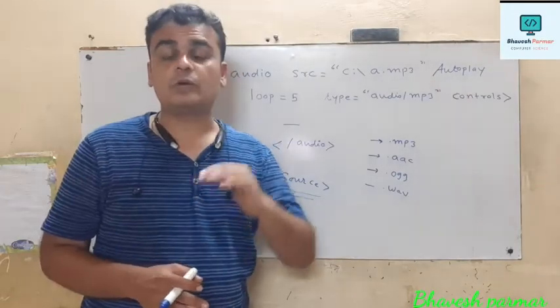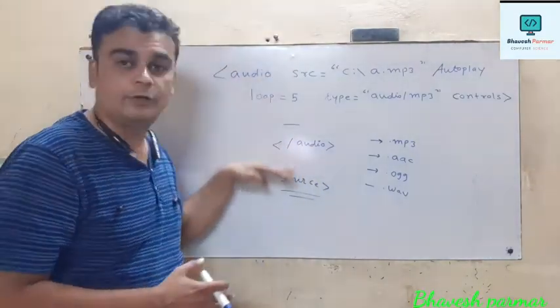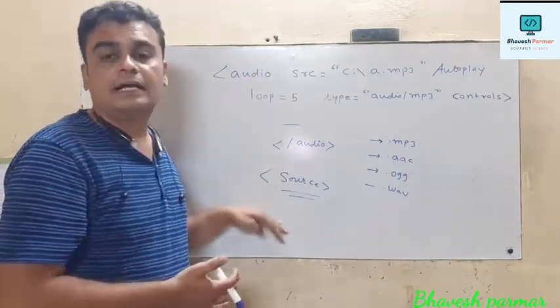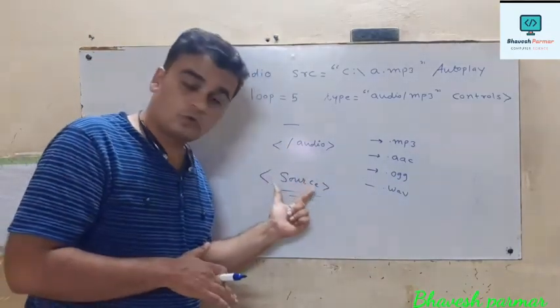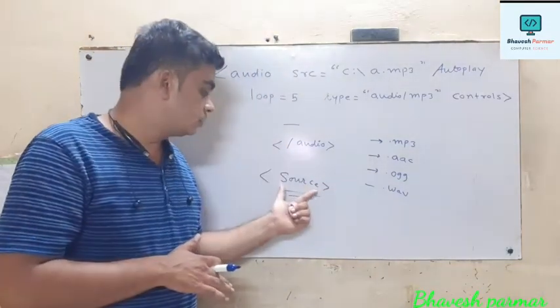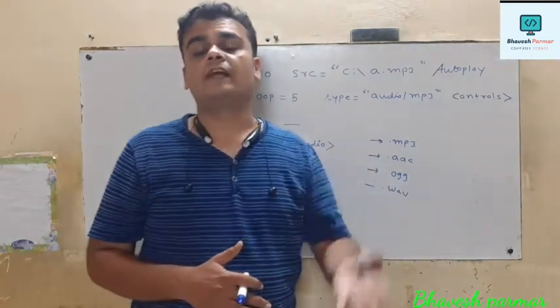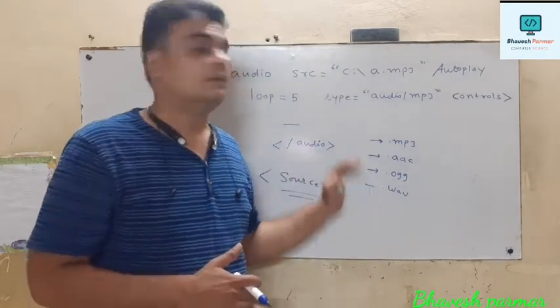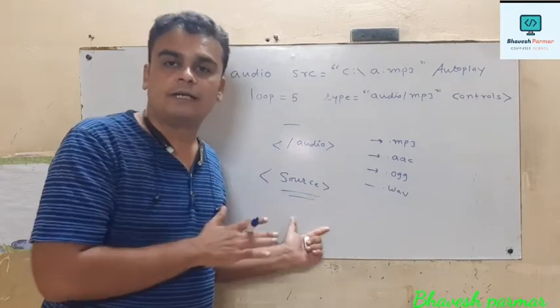If I wish to add more files, then I have to use audio again, and the same thing has to be written again and again, in a repeated manner. If I use this source tag, it represents multiple audio file formats, or you can insert multiple video file formats within the same audio tag. That's why it is called the supporting tag.